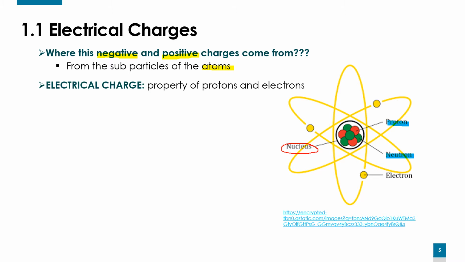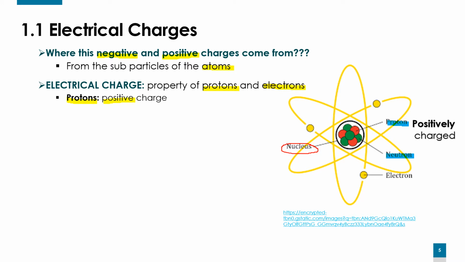So it was after we discovered about the atom. Now we know that the electrical charge is related to the property of protons and electrons. Why? Because they have charge. What is the charge of the protons? The charge is positive.